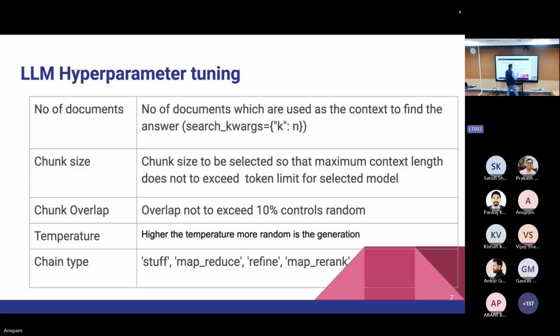Now, what could be the size of these chunks? Again, that's a hyperparameter. It can be anything, 4,000, 8,000. This is a hyperparameter, which is up to you to select.